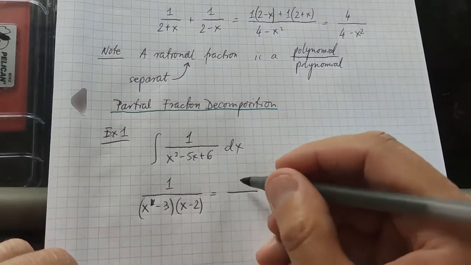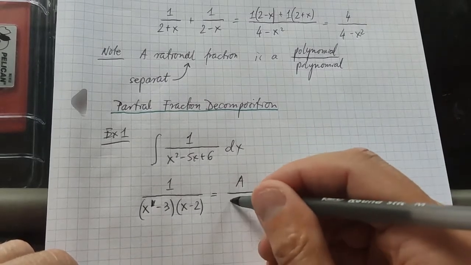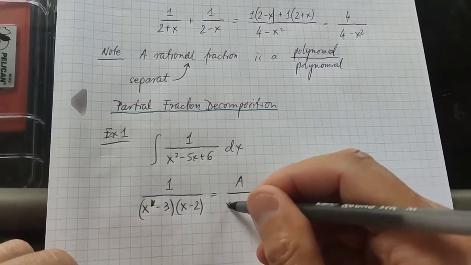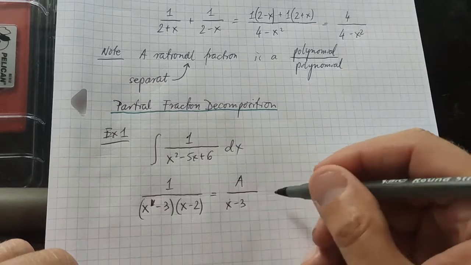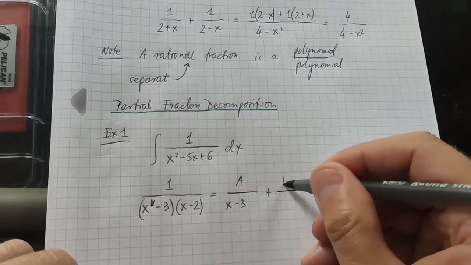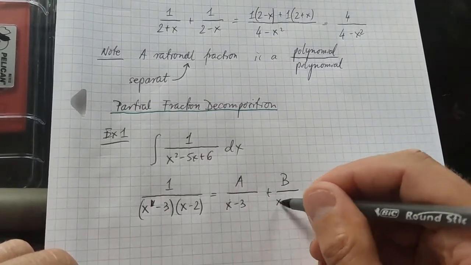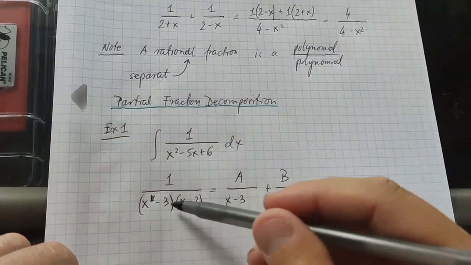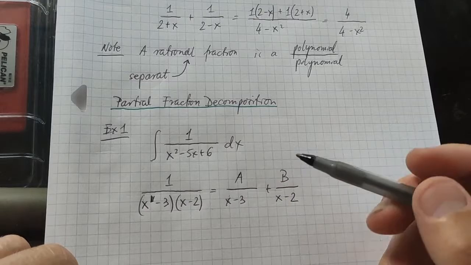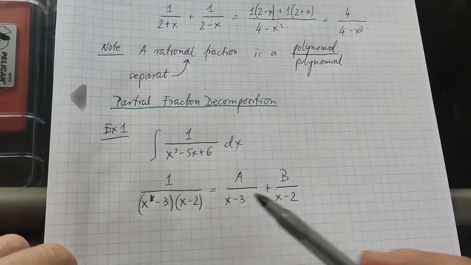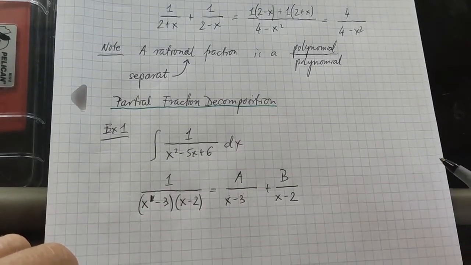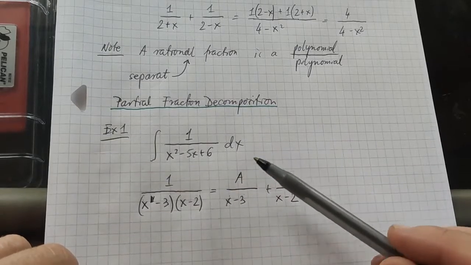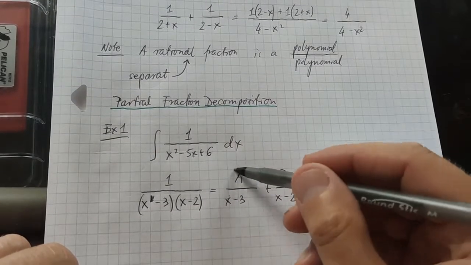I'll separate these two: some a over x minus 3 plus some b over x minus 2. So you see I separated this fraction into two, and I have one of the factors in the bottom of each. What I don't know is what goes up here.